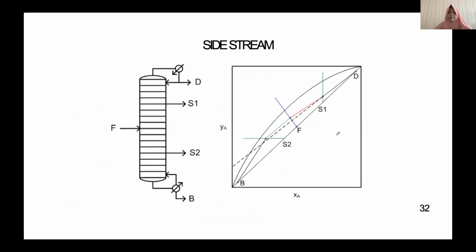Okay. Now, let's move to the next step: what happens if we have a side stream? What is a side stream? A side stream is the outlet from a tray that we may withdraw.